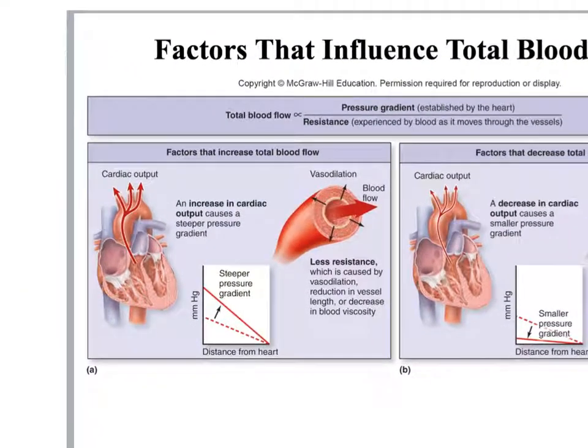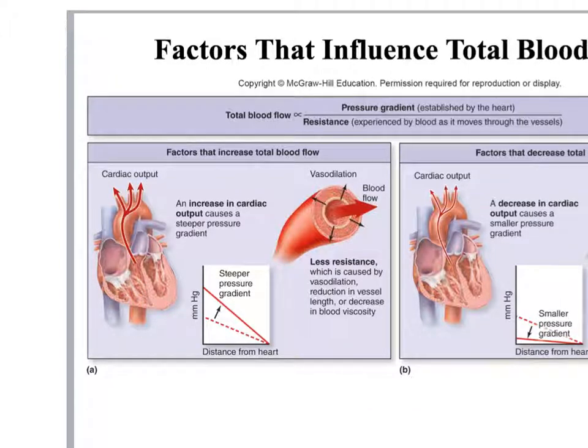Cardiac factors that increase blood flow. I already told you blood flow is a function of cardiac output. So what factors increase cardiac output? This is all really going to build on a lot of the stuff we've already covered, okay? And we're going to put it together today in terms of blood pressure.